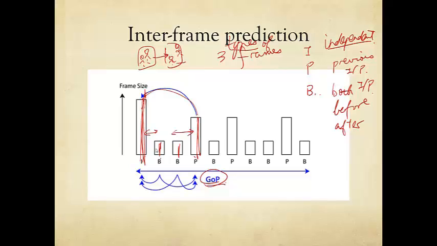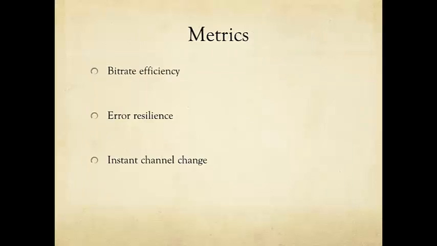Now, how should I decide the length of the GOP, and what kind of IPB structure should I use? That depends on quite a few different factors. For example, the bitrate efficiency. If you want very efficient compression, then once you start an I frame, don't start a new I frame. Just keep piling on P frames and B frames because these are small frames. The bitrate becomes lower.